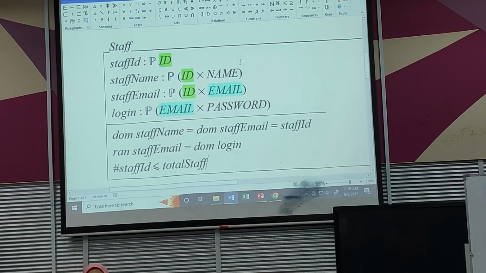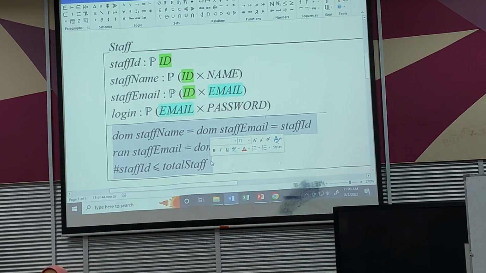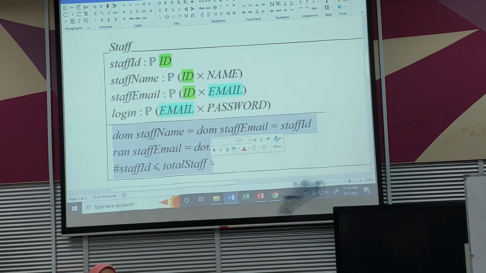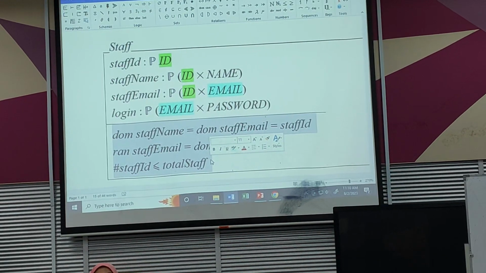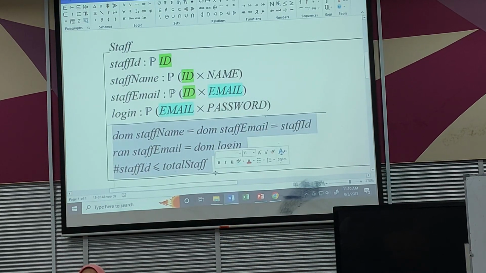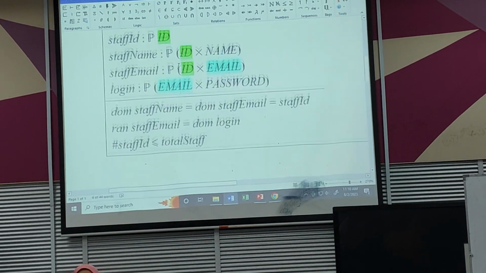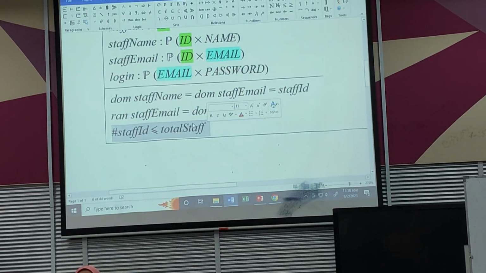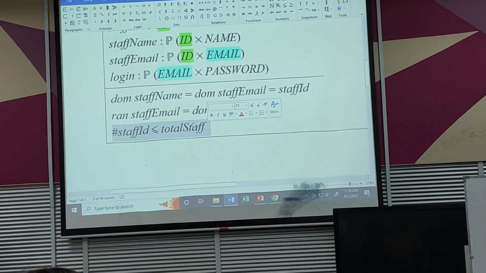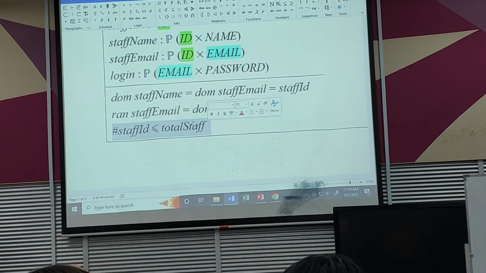So when you do your state space schema, whatever general constraints, general condition that you want to show, okay, please add inside your predicate part here. This is example only, if let's say you have this lah. If you don't have, then you don't need to do this one. This one I just want to show that there are things that you can add, okay, inside your predicate part, other than domain and range.